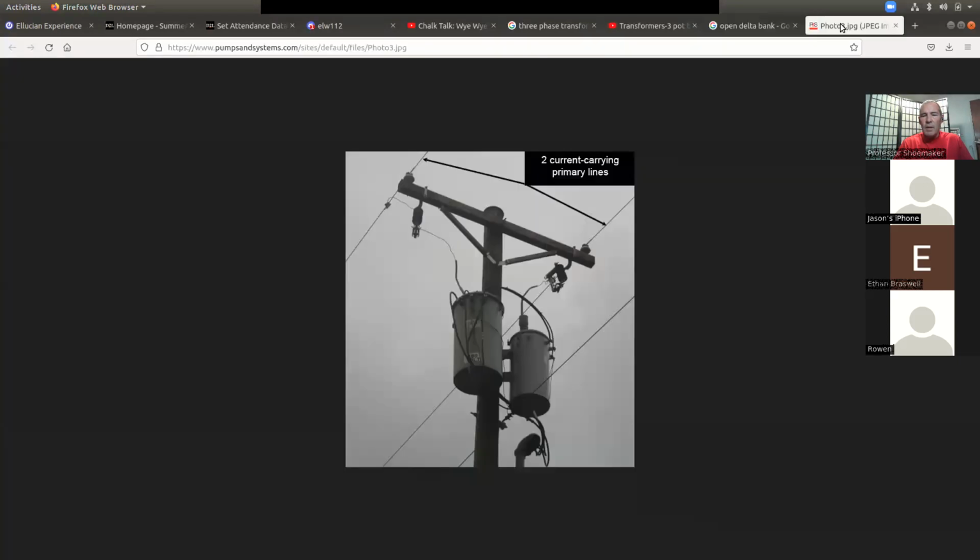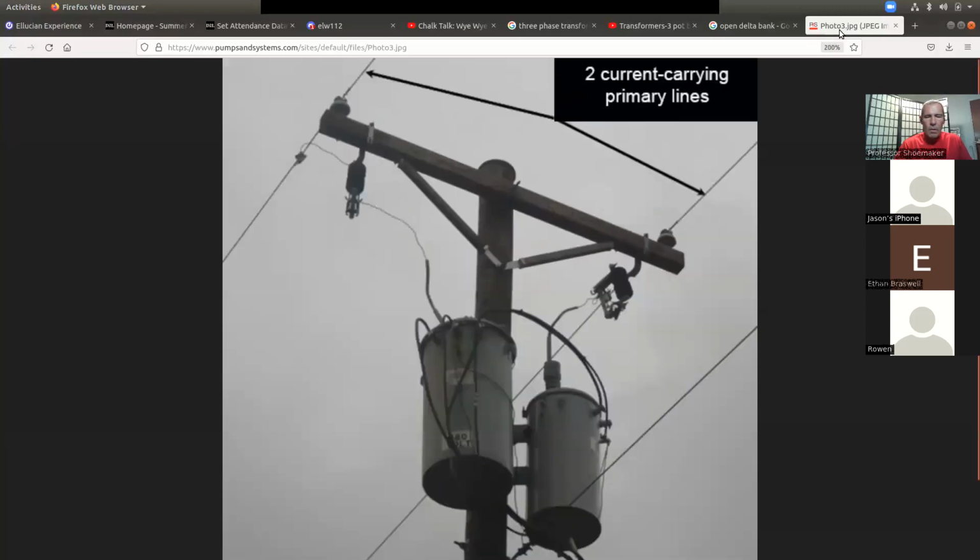And I'm not going to say anything here. What kind of three-phase bank is this? That is open delta. Good signify here. How many transformers do I have? You've got two. So that's open delta.